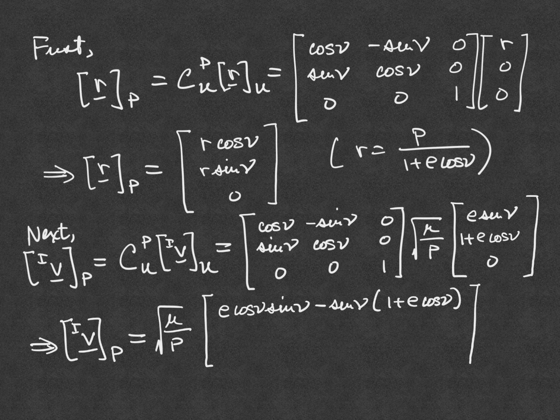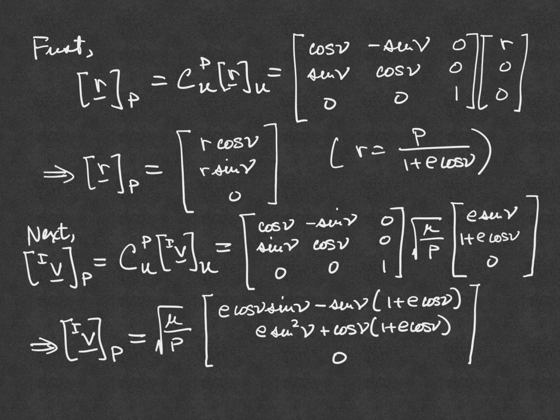That's the first component. The second component is e sine squared nu plus cosine of nu times 1 plus e cosine of nu, and the third component is just 0.